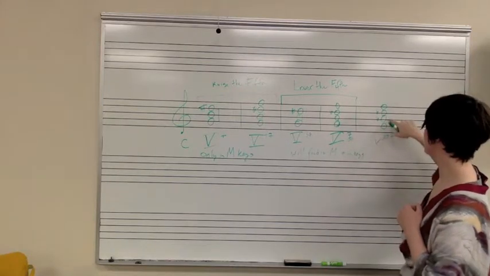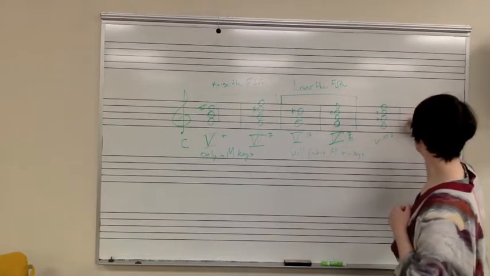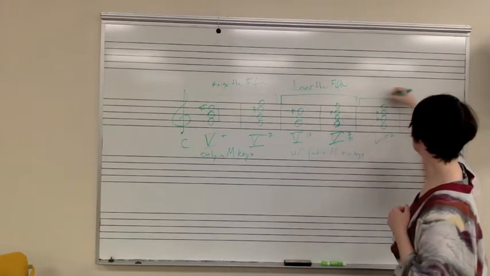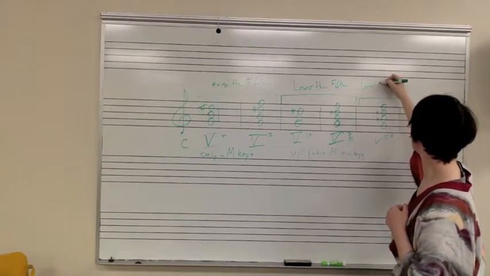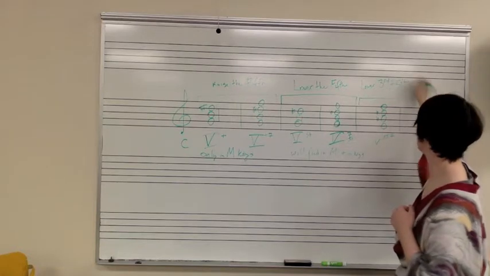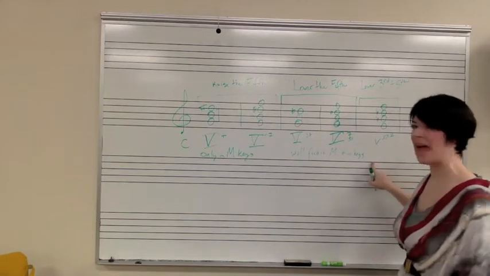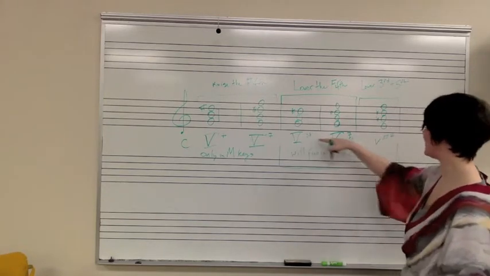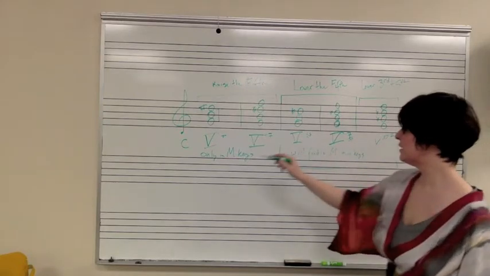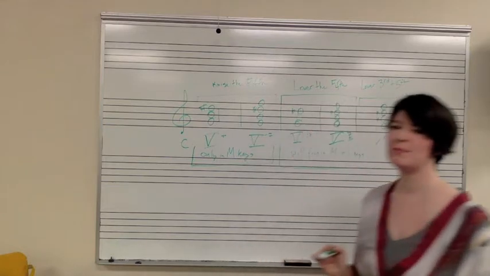Okay, so it's going to go G, B flat, D flat, F. So this one, lower third and fifth. And this one, you will find in a major and minor key. So these three, you can find in major or minor keys. The augmented ones, you'll only find in major keys.